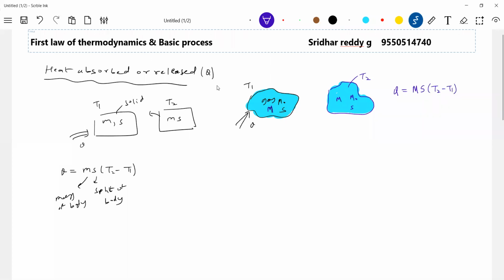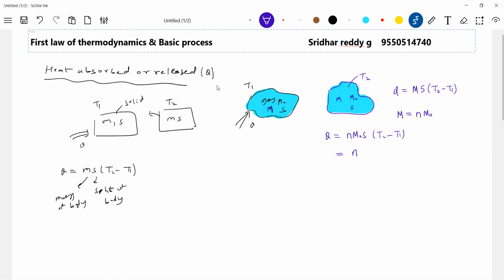Mass of gas is a very difficult quantity to express, so usually we prefer to express in terms of number of moles. We know mass of gas equals number of moles into molecular mass. So this will be N M naught S into T2 minus T1.